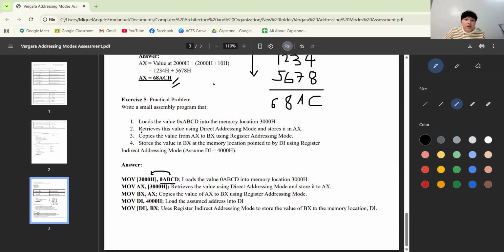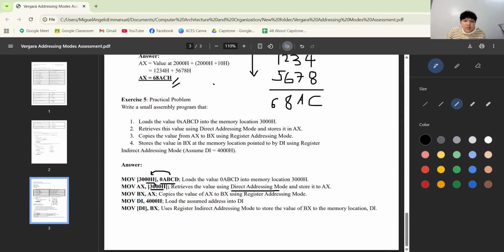Next, retrieves the value using direct addressing mode and stores it to AX. So this one, we are going to have MOV AX, [3000H]. So the value at 3000H will be retrieved and moved to AX using direct addressing mode.